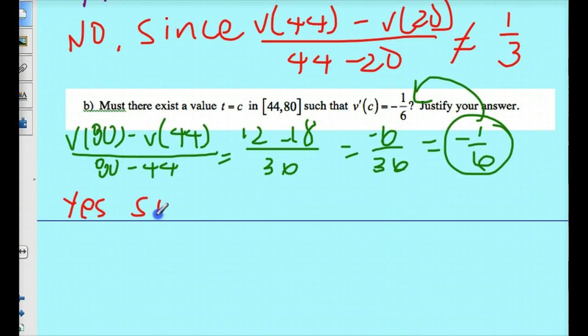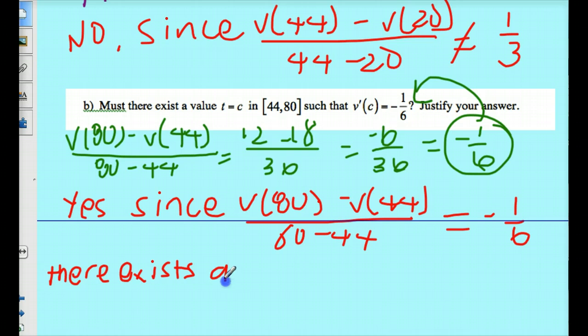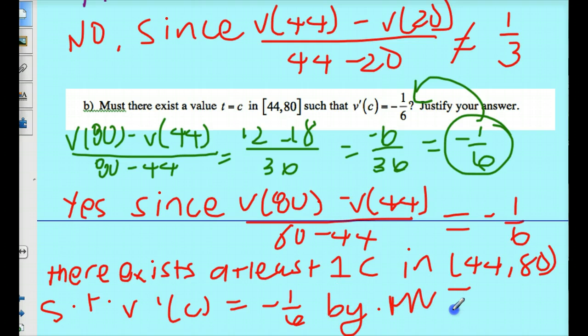Yes, since v of 80 minus v of 44 over 80 minus 44 is equal to negative 1 over 6, there exists at least one c in, and you have to say it's in [44, 80], such that v prime of c is equal to negative 1 over 6, and you have to say it's by the mean value theorem.